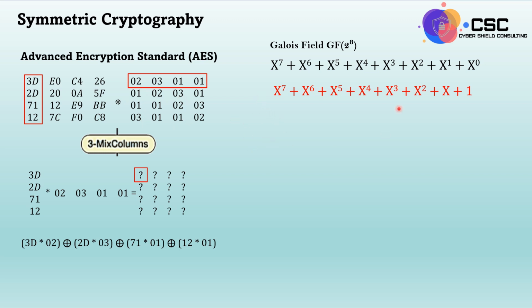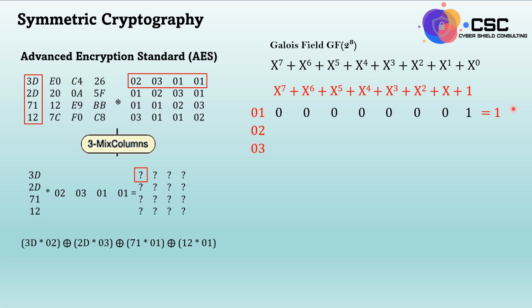To calculate the equivalent value using the GF for the 0, 1, 0, 2, and 0, 3. So for 0, 1 first, I will put the binaries for 0, 1, 0, 2, and 0, 3. So for 0, 1, if you look at the binaries, it's basically the starting bit on the right is 1, and all the remaining bits are 0. So the result will be 1.